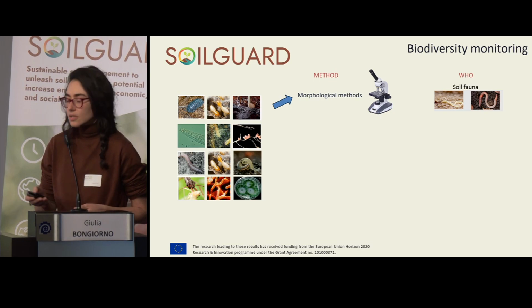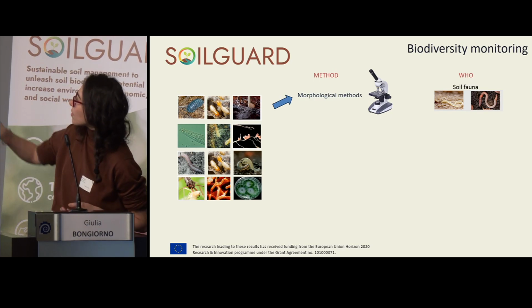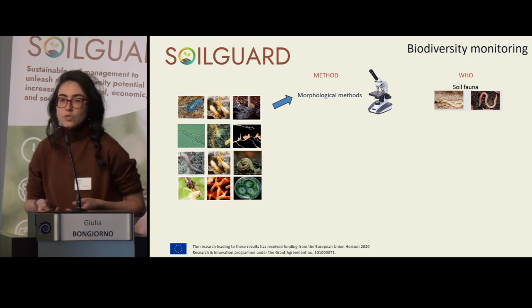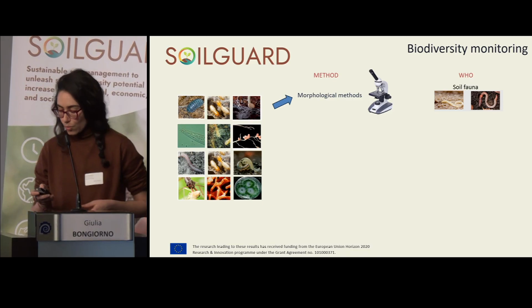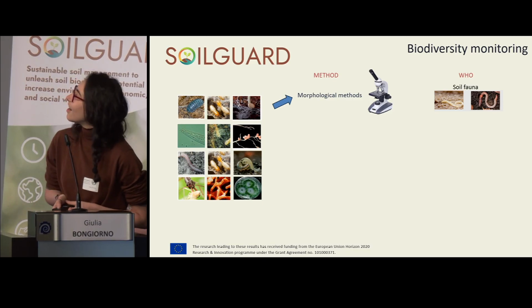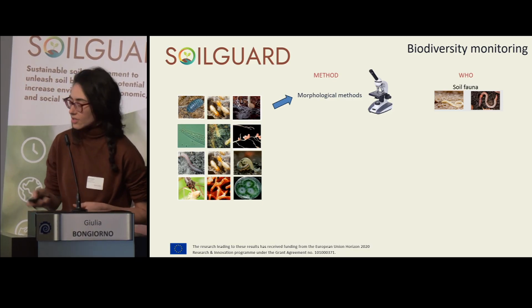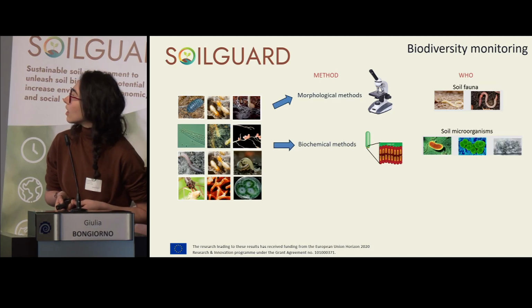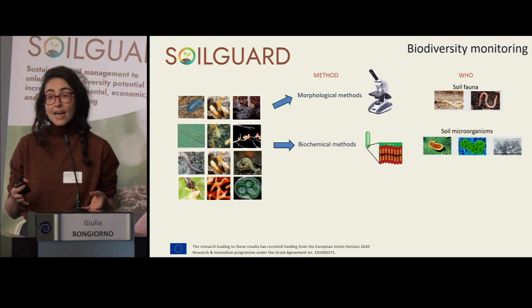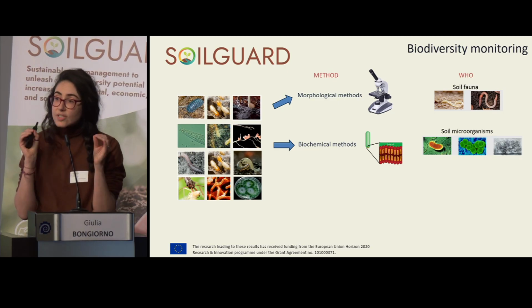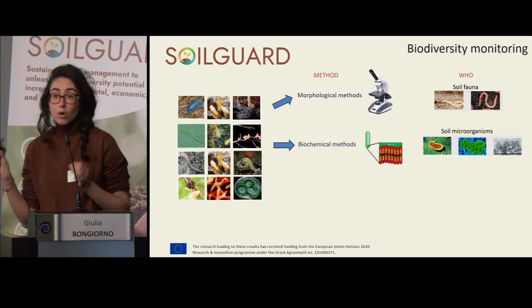And we do this usually for soil fauna, for example, you can see here nematodes, earthworms. Maybe not all of you are familiar with these organisms, but we are quite a lot. So these are the methods that are mainly used for fauna. For soil microorganisms, we can assess certain chemical components of these microorganisms.